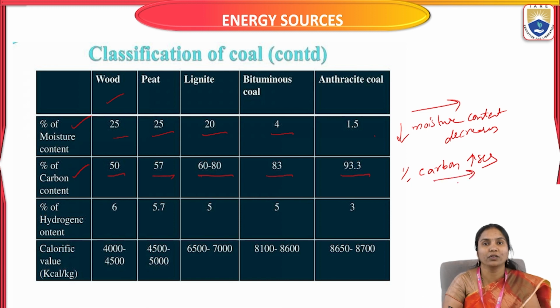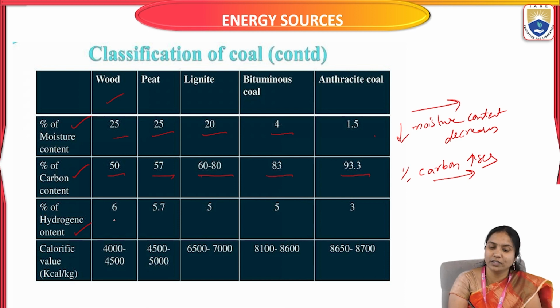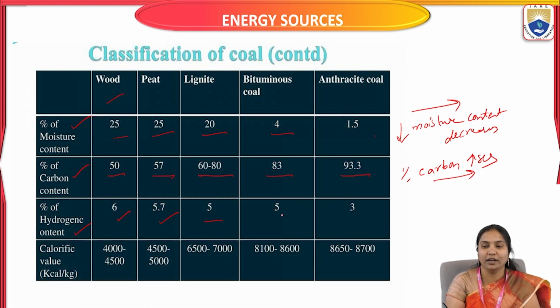The third one is the percentage of hydrogen content. Wood has 6%, peat 5.7%, lignite 5%, bituminous coal 5%, and anthracite coal 3%. So from wood to anthracite coal, the percentage of hydrogen decreases.